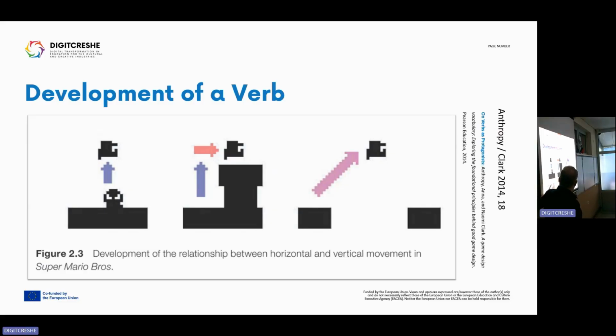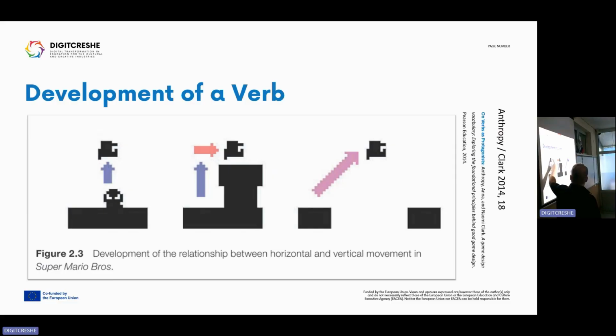Over the course of gameplay, we will learn as players how a game will develop, like the main character of the game. So first Mario can jump in Super Mario Brothers, they can jump like this, and then they can jump like this. But if we take a closer look, there's two different things here.